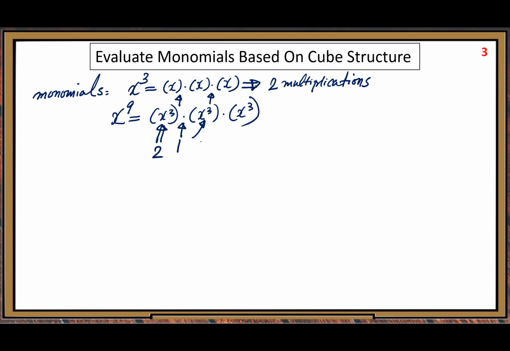The second copy of x cubed, reuse. The third copy, reuse. But another multiplication here. So now you can see we need 4 multiplications.